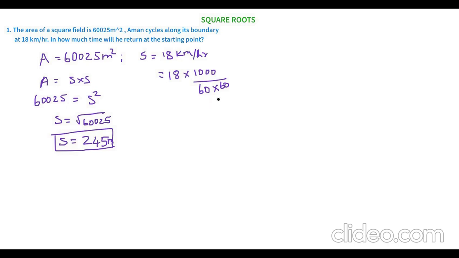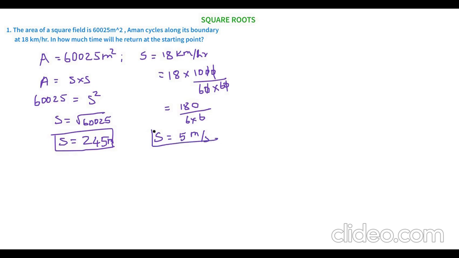Now we can simplify. Whenever we have a 0 at the end, you can cross out the zeros, which is a very easy method. So now you have 18 times 10 divided by 6 times 6. 18 times 10 is 180 divided by 6 times 6. You can further simplify this by crossing out, and then your speed would be 5 meters per second.